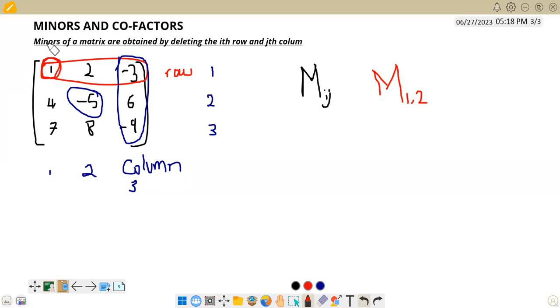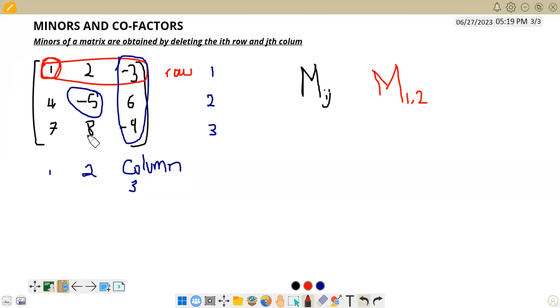As they are saying, the minors of a matrix are obtained by deleting the ith row and the jth column. So we are saying this is our ith row and this is our jth column. It means we need to delete them. To find the minor, we disregard this row 1 and disregard column 2.